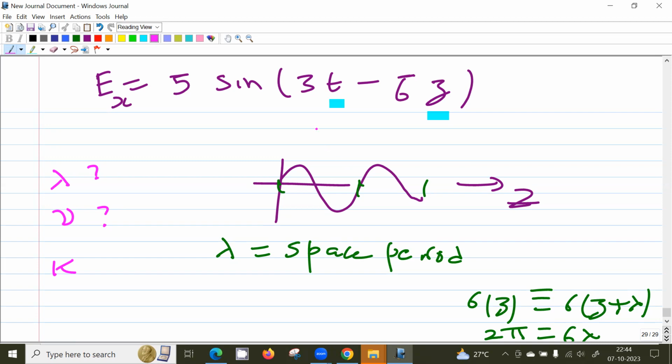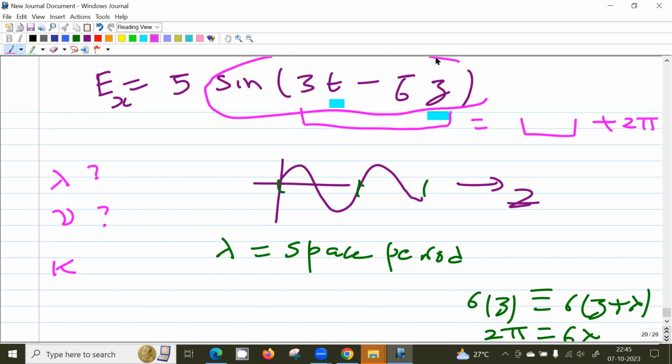See, whatever is inside the sine, if I change this quantity by adding 2 pi, will the value change? Sine theta is the same as sine of theta plus 2 pi, right? Sine of 30 degrees is the same as sine of 30 plus 360 degrees.